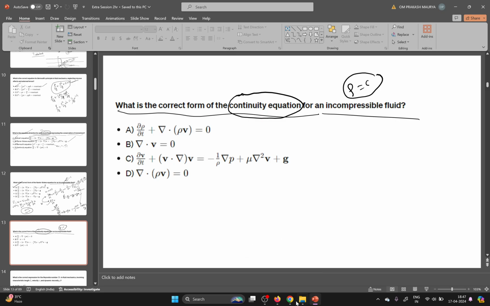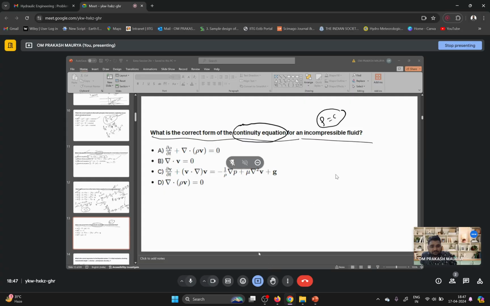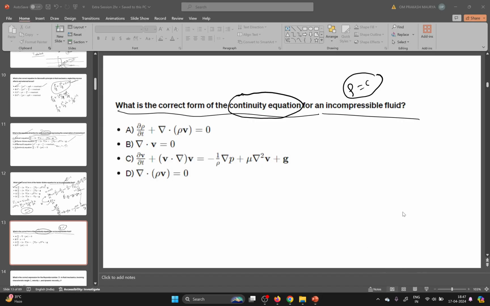So which option, A, B, C, or D, is correct for this question? Please try to give the answer.